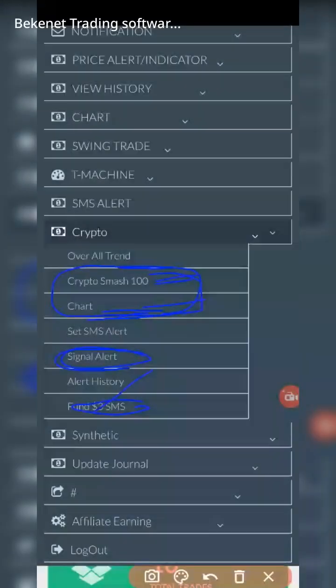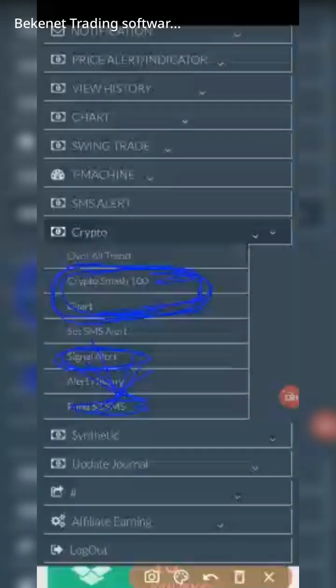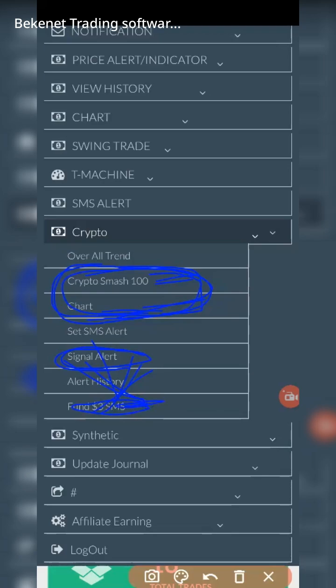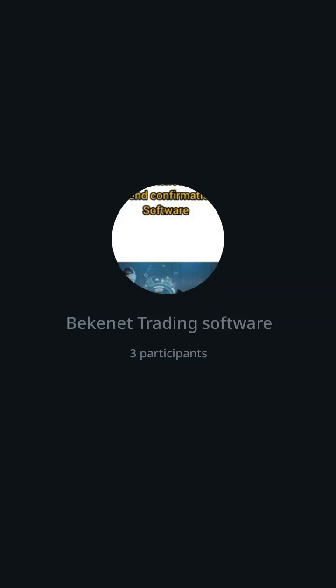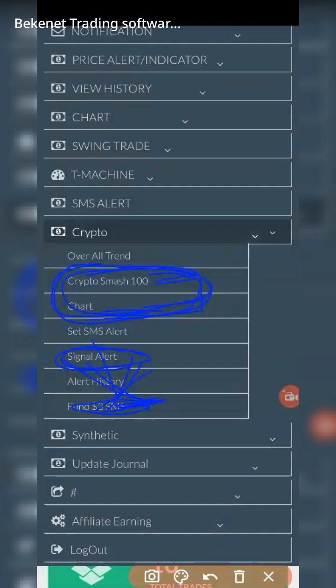But without this SMS alert, you will be fine. This one is free. This is the most important thing. You go in there, get your signal, and you place your trade. But if you want to automate everything, then you activate your SMS platform. You have to pay MTN for that. We will not be the one to help you pay for MTN. But without the SMS alert, you are going to be fine.